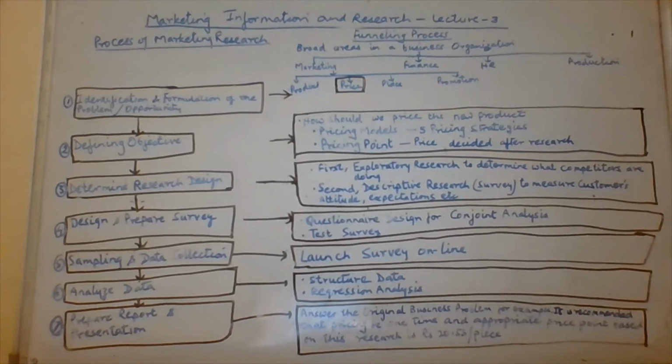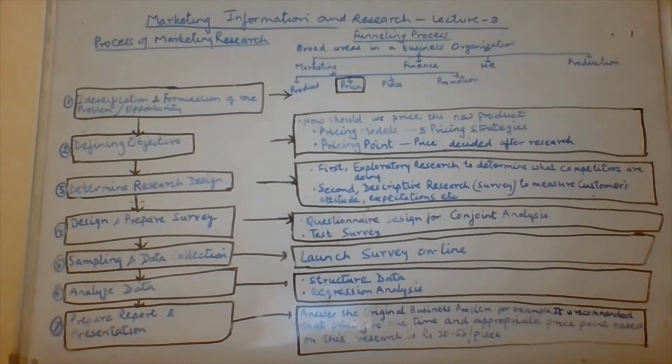Before I start with the research process, the basic fundamental: I have given the process of marketing research with a hypothetical example, as to how this research goes down and how we come to the various aspects related to each step.